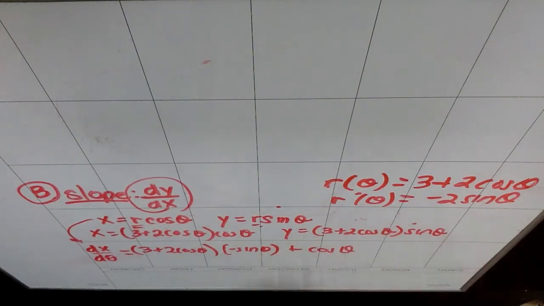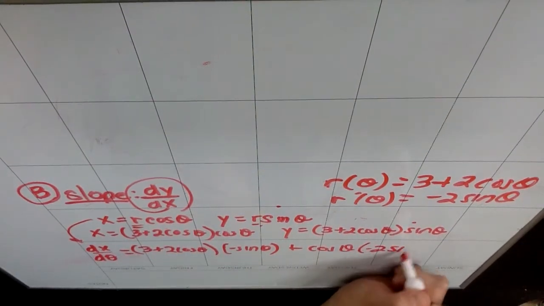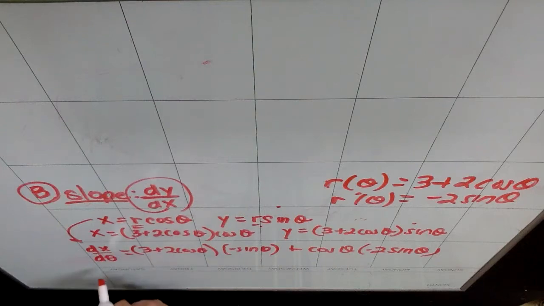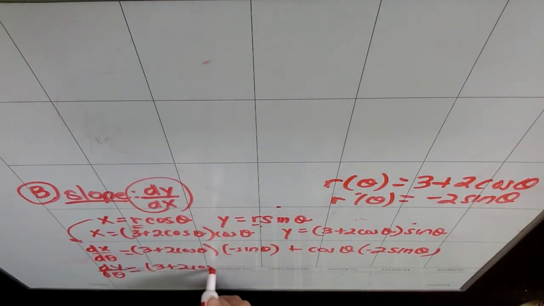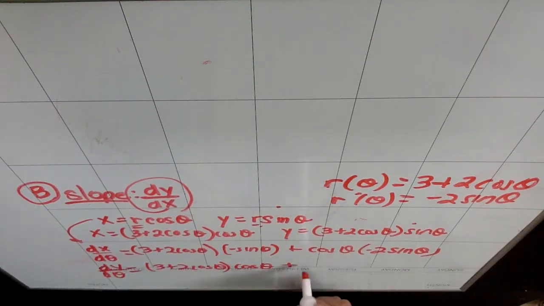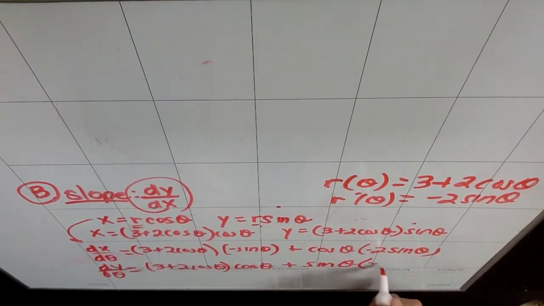Well, I already bothered to find what the derivative of r is, so I could just write that as a negative 2 sine theta. And my dy d theta is going to be the same basic policy, except instead of deriving a cosine, I'm deriving a sine. So u, dv is a cosine, plus v, which is the sine, du is that same negative 2 sine theta that we've already seen.